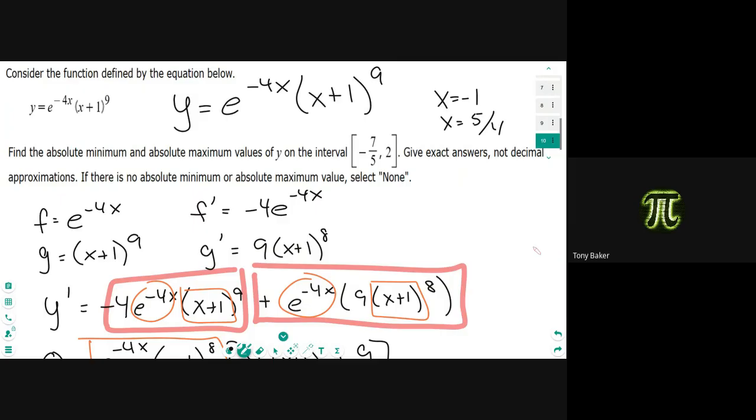Okay, the second part of this problem is it wants us to find the absolute minimums and absolute maximums. So when it's asking for those, we are going to take these numbers here that we just got.